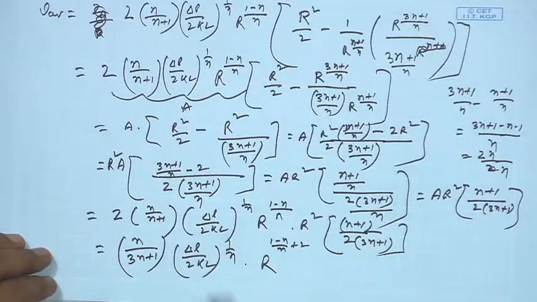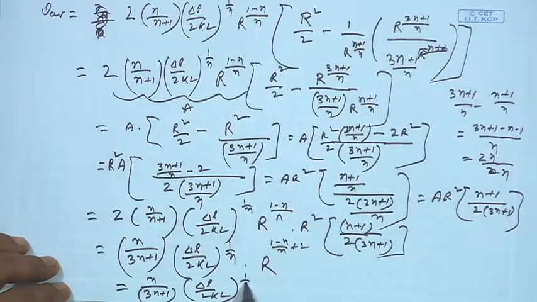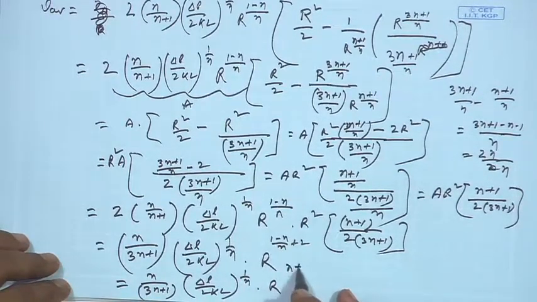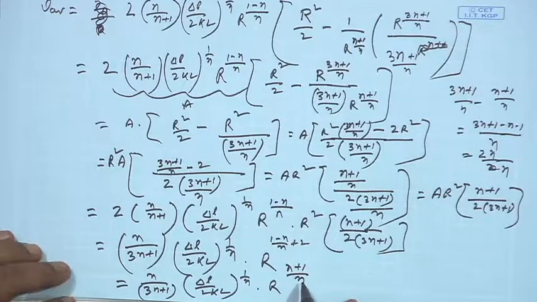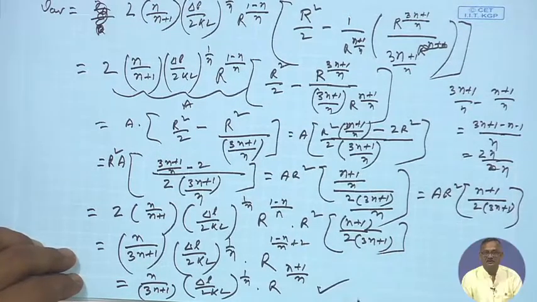So, that means this is equal to n by 3n plus 1 into delta p by 2kL to the power 1 by n into r to the power n plus 1 by n, since 2n minus n is n plus 1 by n, right. So, you see the final average velocity is like that.